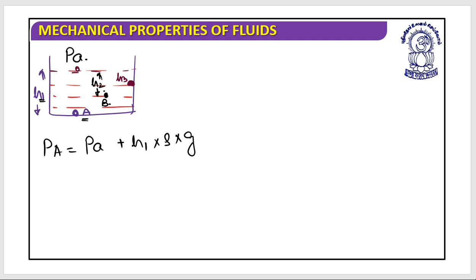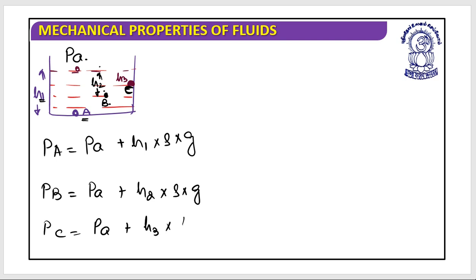Same way, the pressure at B would be equal to atmospheric pressure plus the height of the liquid column h2, multiplied by the density of the liquid, multiplied by g. Same way for this h3 height, the pressure at C is equal to P_A plus h3 into density of the liquid into g. So I hope this is clear.